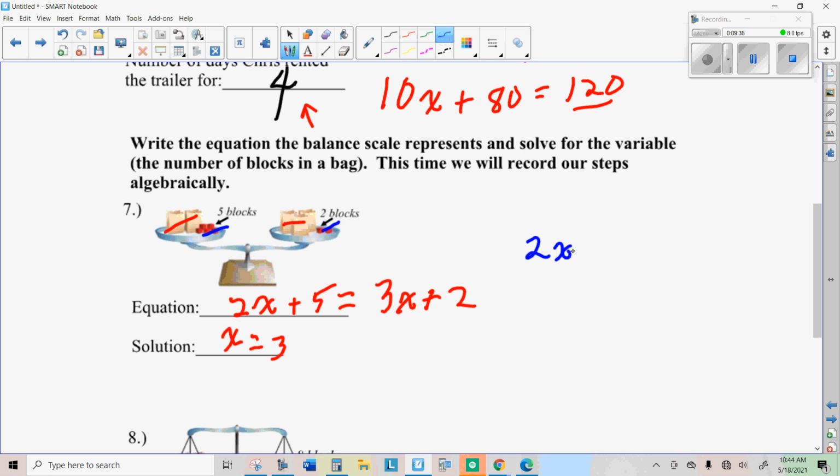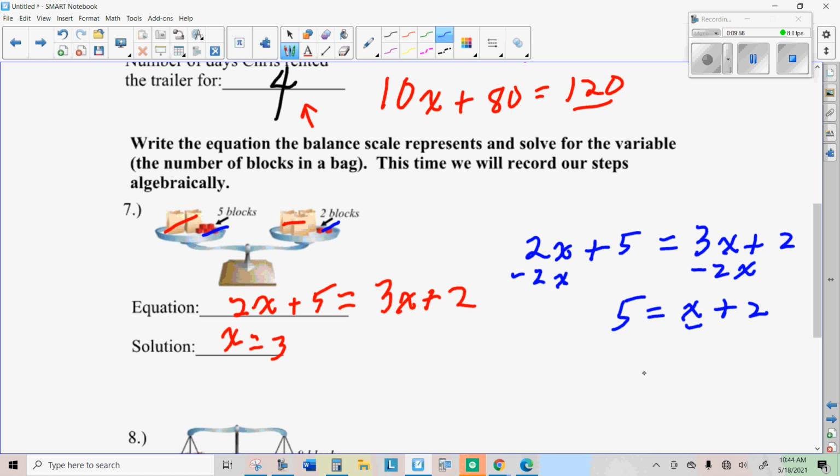To show that algebraically, I'm just taking away the 2 bags from both sides. That eliminates them from the left side, so now I only have 5. At this point, I can see the answer is 3 because 3 plus 2 is 5. But if you want to show the work, we actually took away 2 single blocks from both sides, and we ended up with x equals 3.